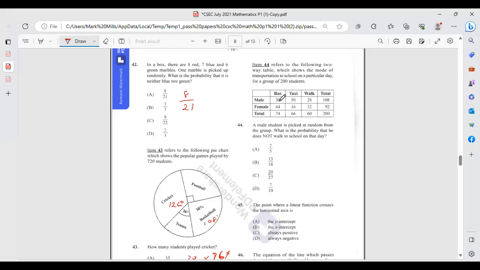Sir, would it be 30 and 50 because it says males? Right, they say male. Hold on. So it'll be male who does not walk. So if doesn't walk, it should be 30 plus 50, which gives me what? 80. So 80 over what? 108.